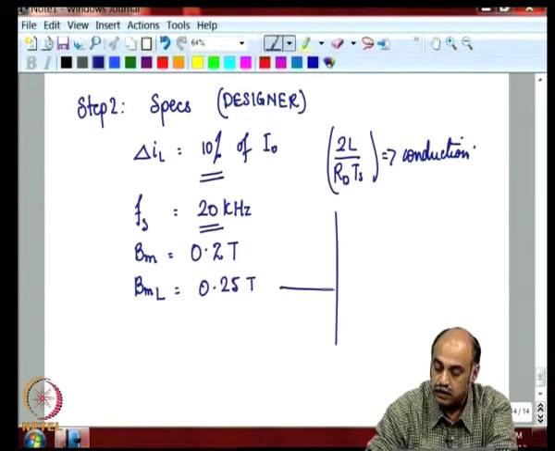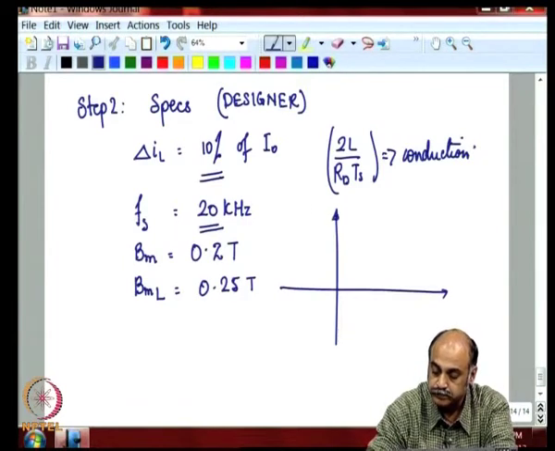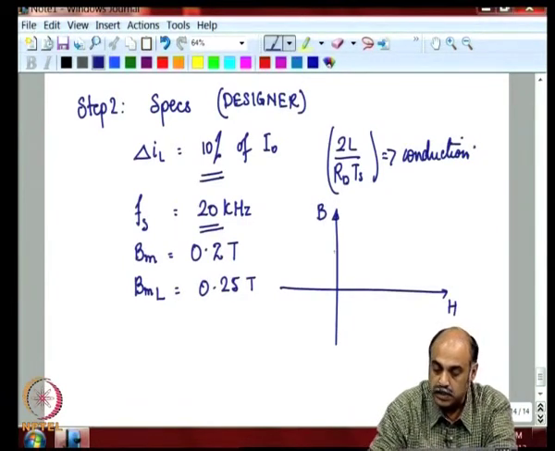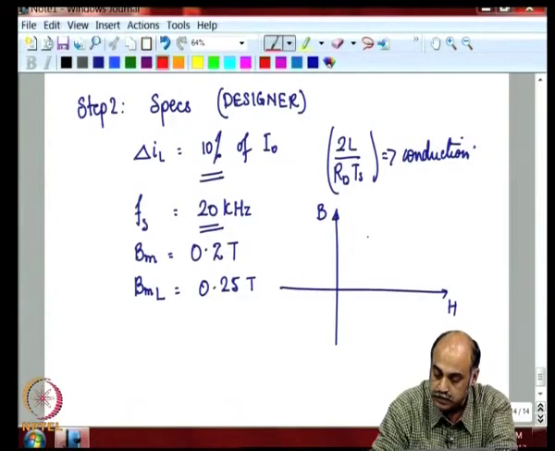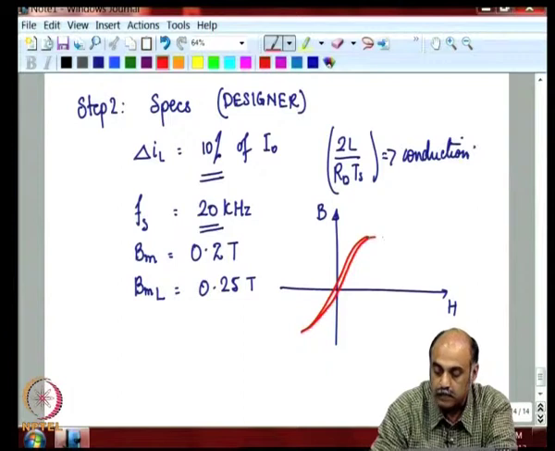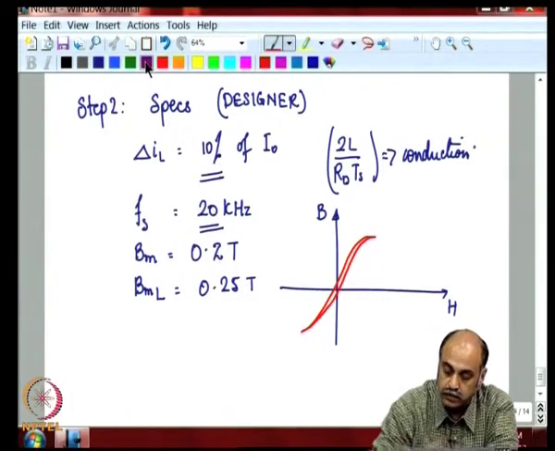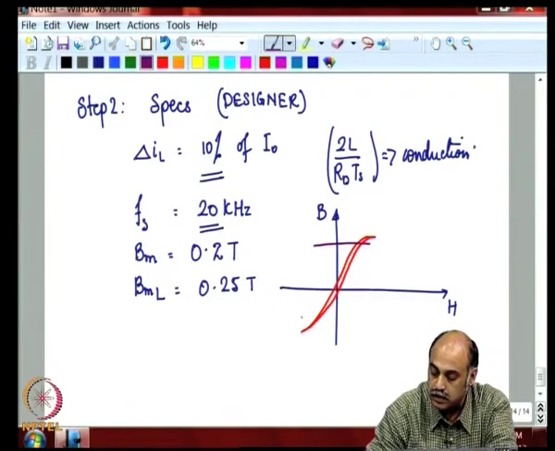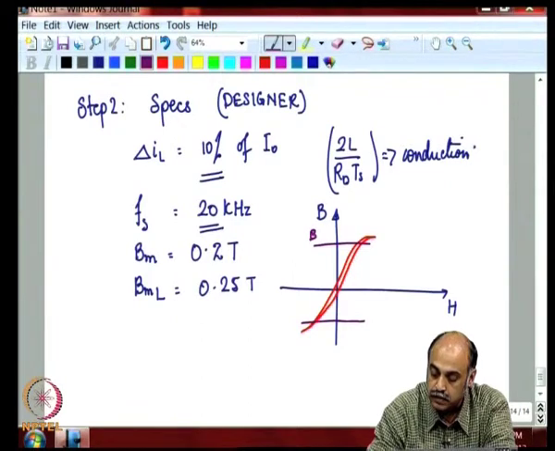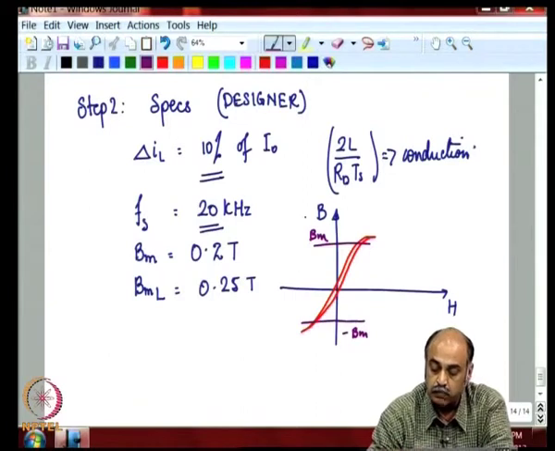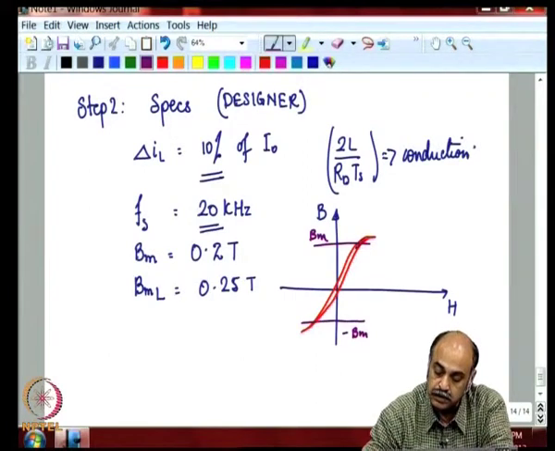Because if you take the BH curve, that's of this nature, for a transformer, the swing in the flux is from minus Bm to Bm, whereas for the inductor it is in the neighborhood of Bm.